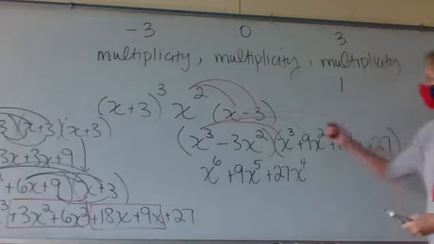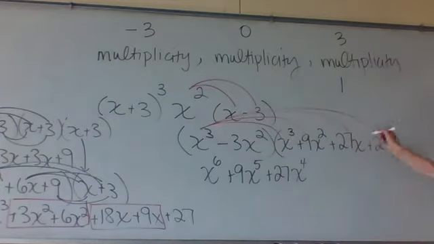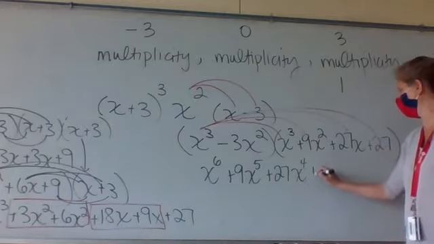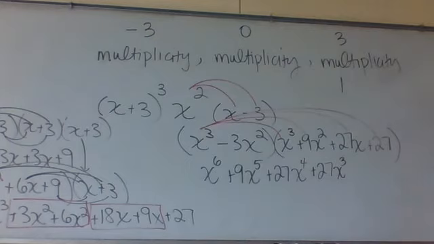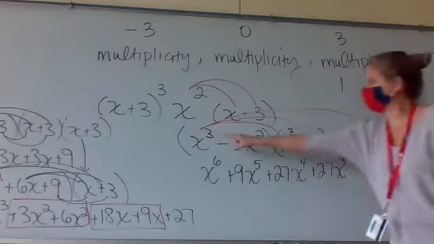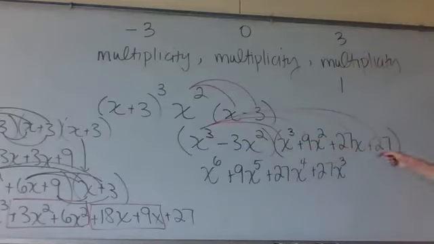And my last one, x to the third times 27 is 27x to the third. So I've distributed the x to the third to all of these. Now what else do I need to distribute to all of those? This one.